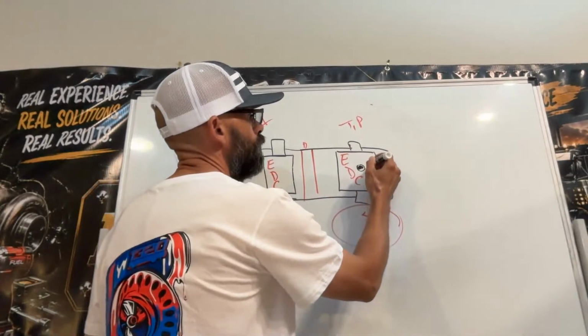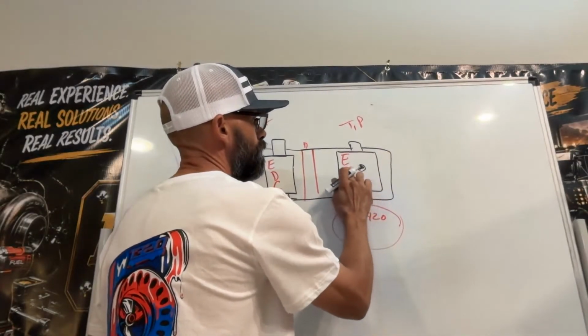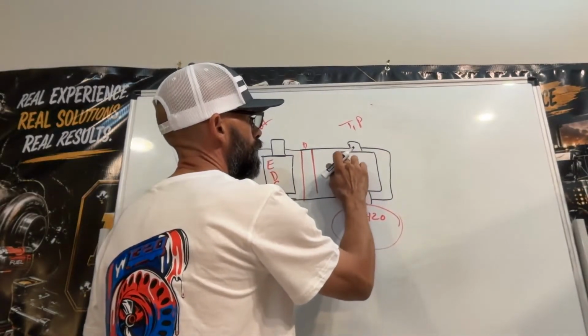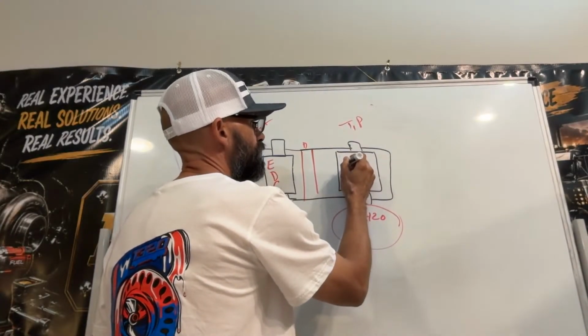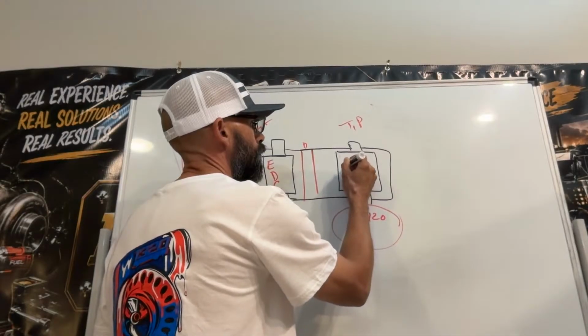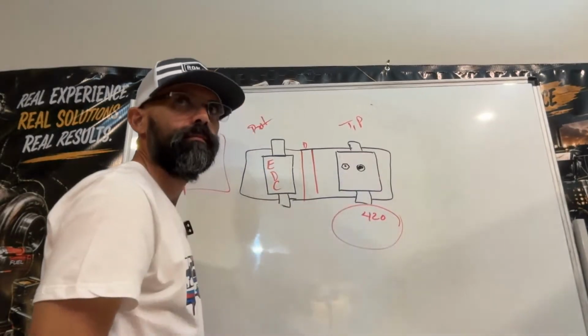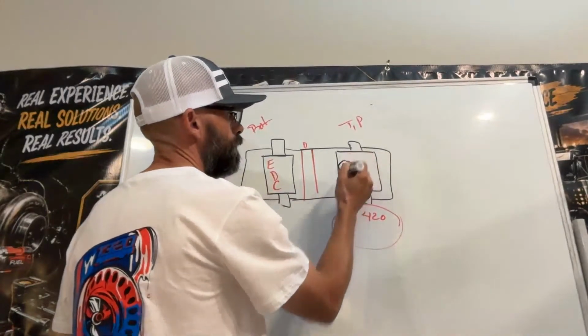Then on the other side, next to it, I think it's gonna be on this side. Yeah, on this side you're gonna have a jam nut with a set screw in the middle. The only one that has a jam nut right here.